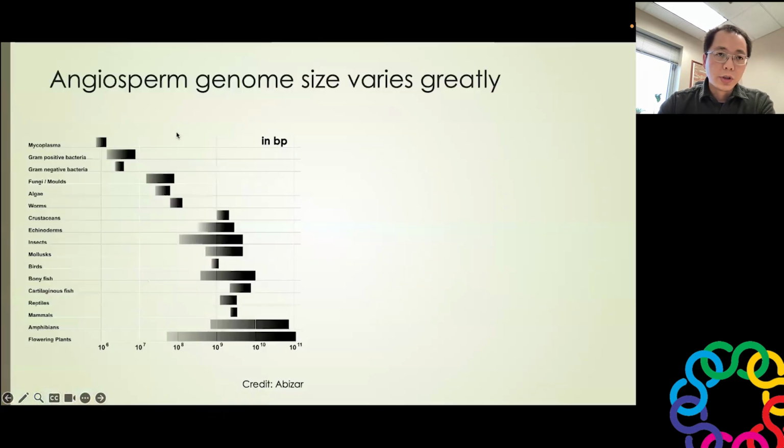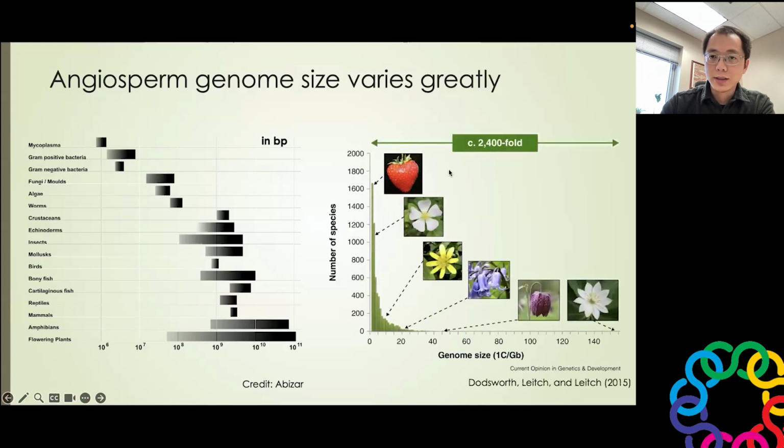So we all know angiosperm genome sizes vary greatly. From prokaryotes to eukaryotes, and especially in flowering plants, the genome size varies over 2,000-fold, with the smallest genome less than 100 megabases, and the largest over 150 gigabases.